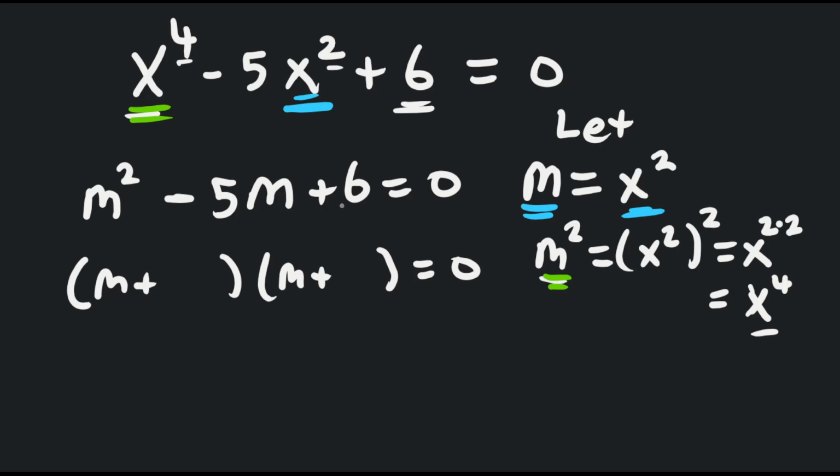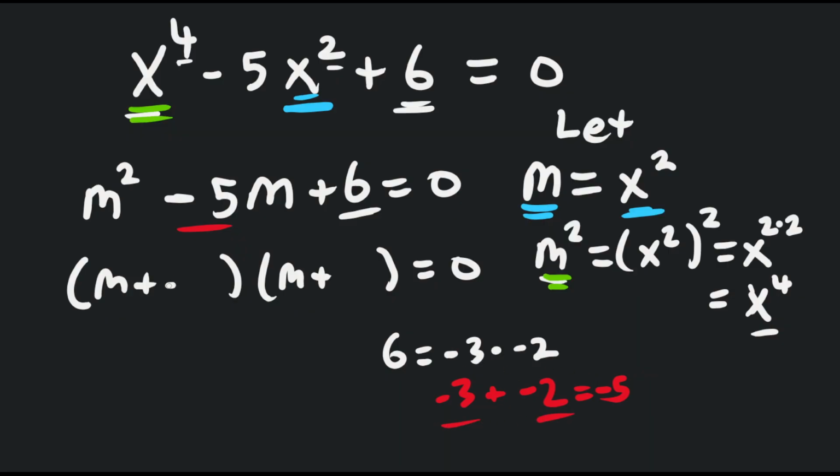And taking a look at the c term, 6, so 6 is made up of negative 3 times negative 2. And I know negative 3 plus negative 2 equals negative 5, which is our b term. So negative 3 and negative 2 should work.